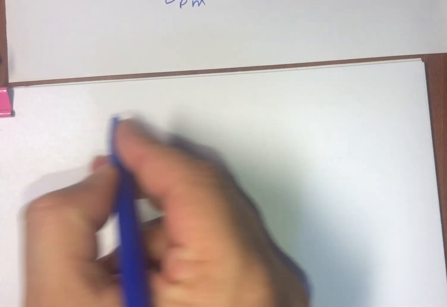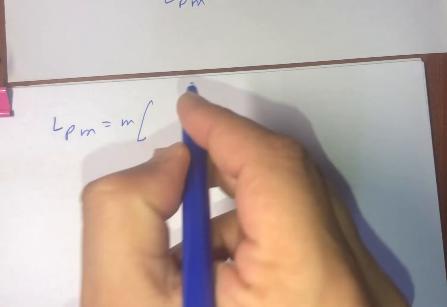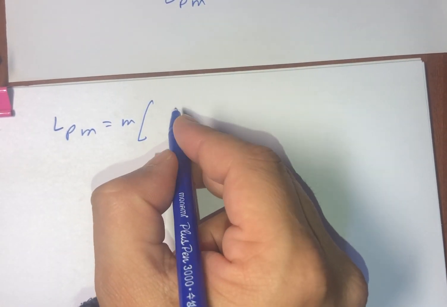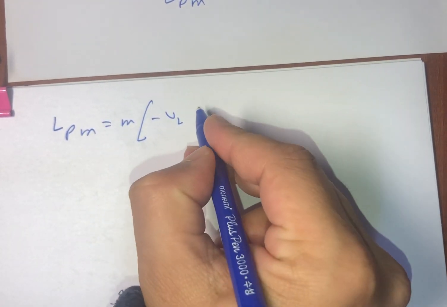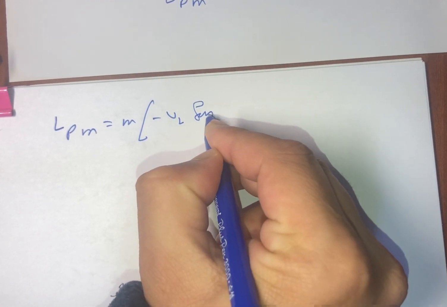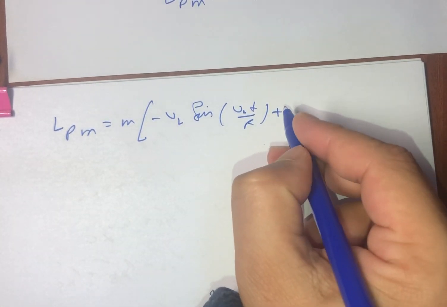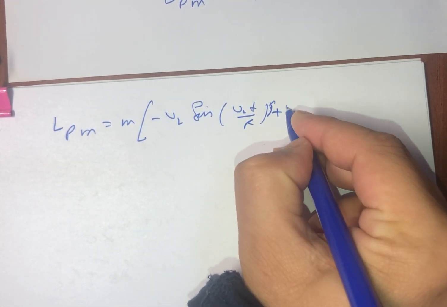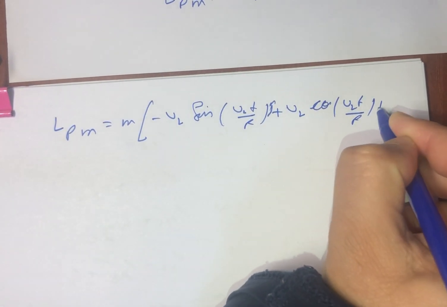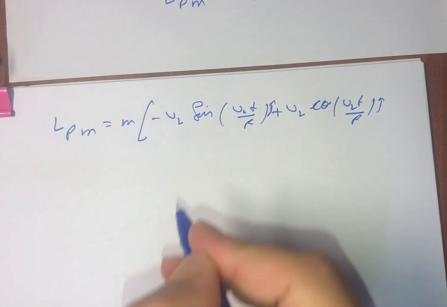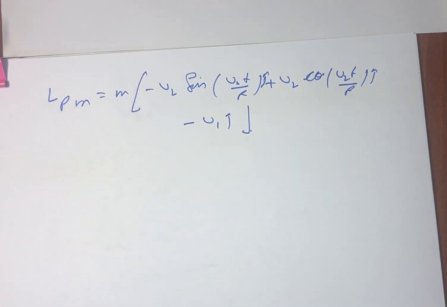Therefore we can say linear momentum LPM is equal to m times, bracket, minus v2 sine of v2t upon r i plus v2 cos of v2t divided by r j unit vector, and minus v1 j, bracket closes.